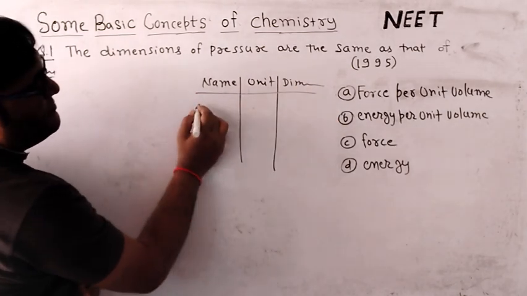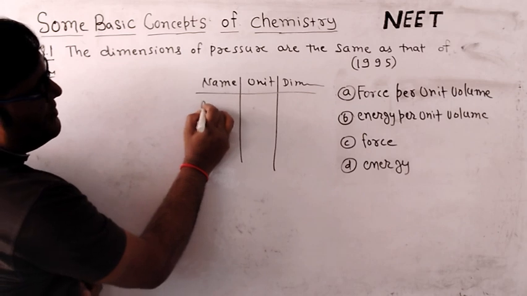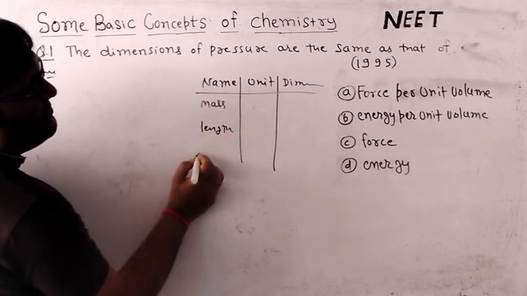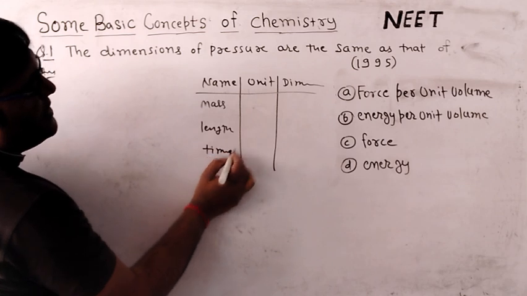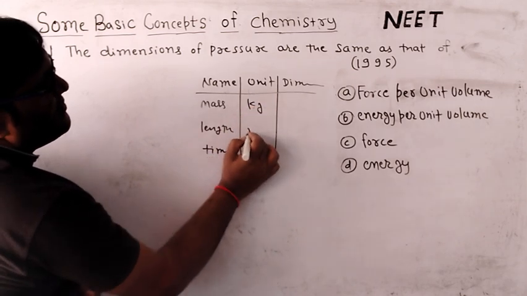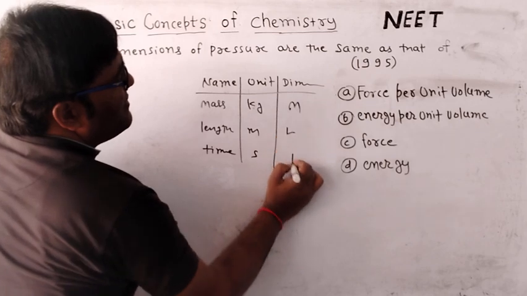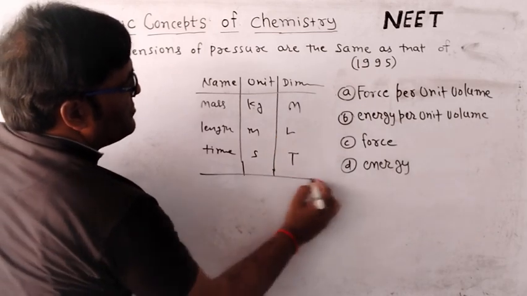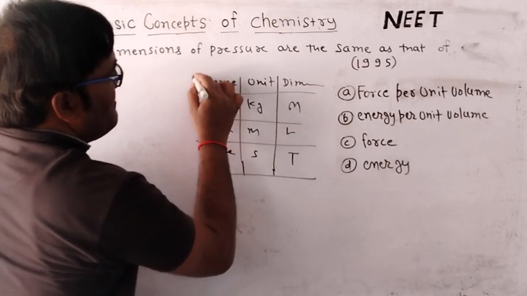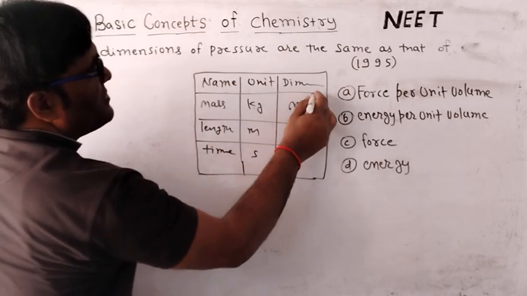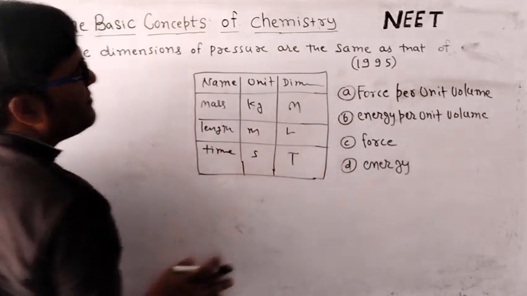Name is mass, length and time. SI unit is kg, meter, second, and dimension is M, L, T. So with the help of this table, we can solve this question easily.